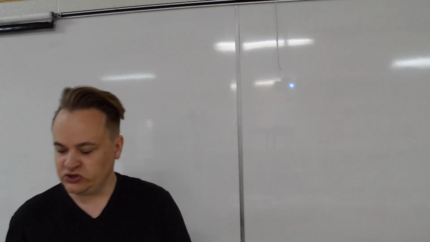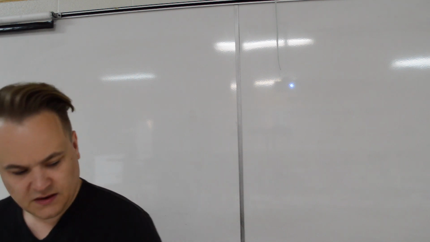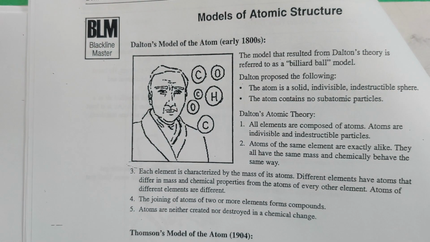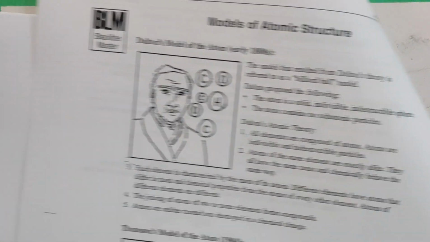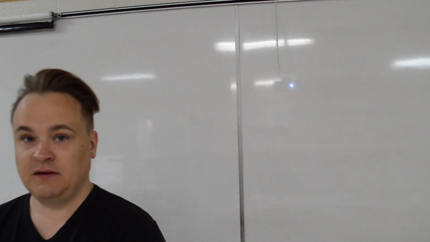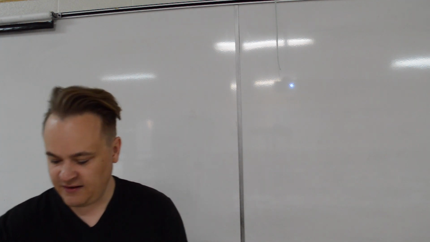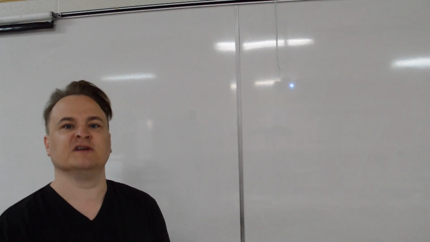You're going to have Dalton, Thomson, Rutherford, and Bohr. And on the last page, we also have Einstein. But we're not going to get too much into that because, well, he's Einstein and we're not. We'll do a little bit. But you need to understand Dalton, Thomson, Rutherford, and Bohr's four models.